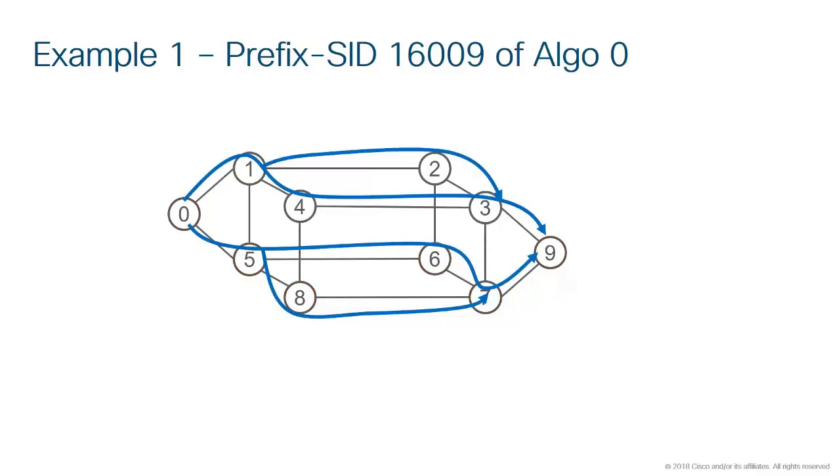The prefix-SID 16,009 from the node 0 is this path because it's using the shortest path according to the IGP metric, and here let's assume all the links have the same cost of 10, and along the entire topology. So we're going to load share between the 2 planes, and we are load sharing within each plane. So 16,009 does what we would want to do by default, which is maximum ECMP.